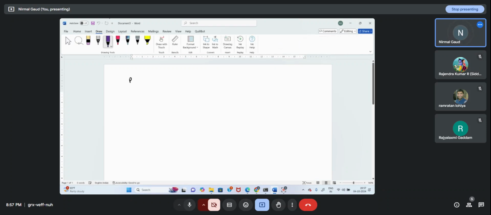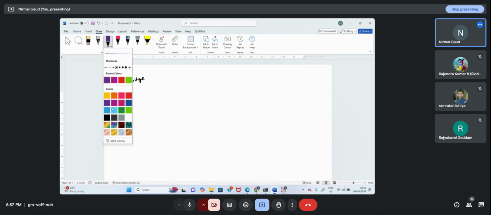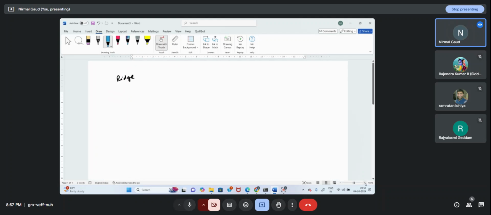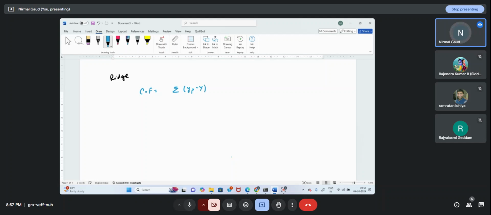For ridge, you can write the equation for the cost function as summation of (yp minus y) whole square divided by n plus lambda into slope square.